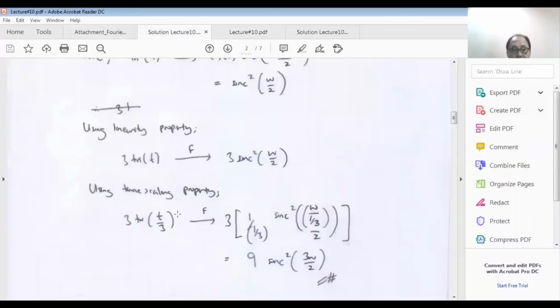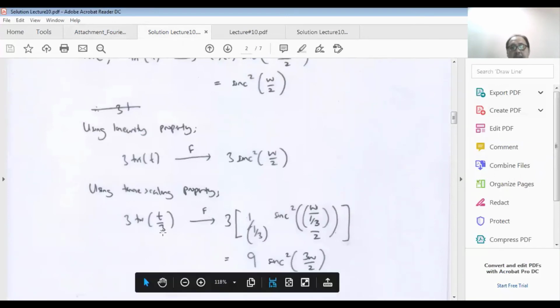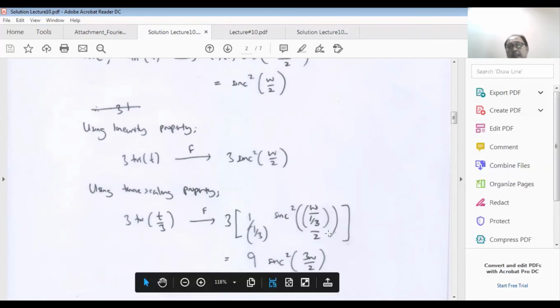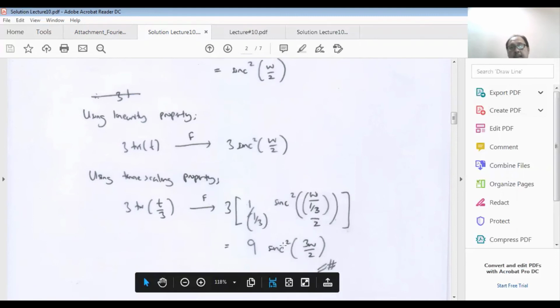Here the constant is 1 over 3, so we write 1 over the constant, sinc squared, and omega is written as omega divided by the constant, which is omega divided by 1 over 3, and divided by 2 furthermore. So we get the result of 9 sinc squared 3 omega divided by 2.